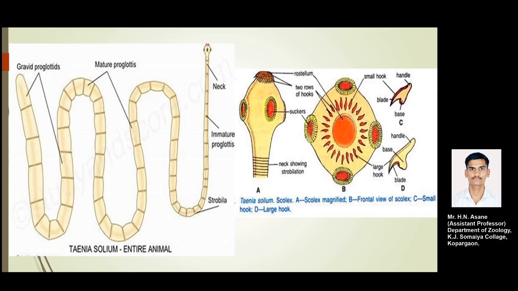They are regularly cut off from the posterior end of the strobila, and this phenomenon is known as apolysis. Apolysis means a segment, or one entire unit, gets cut off.